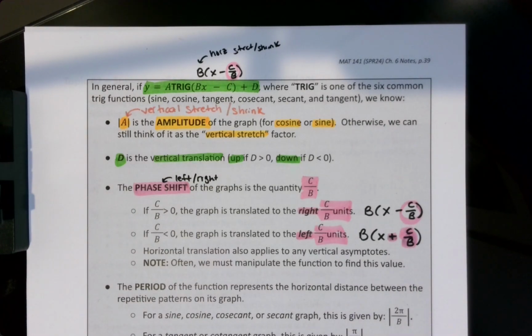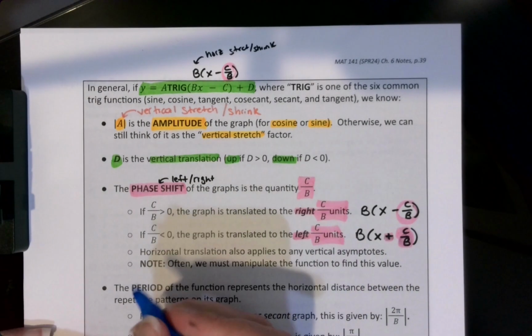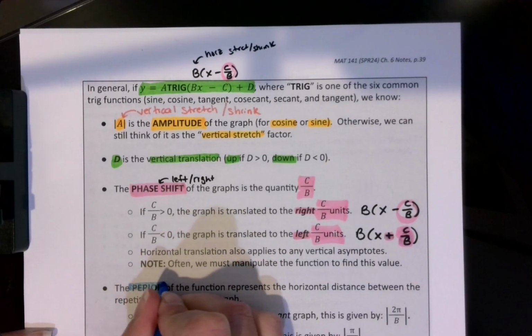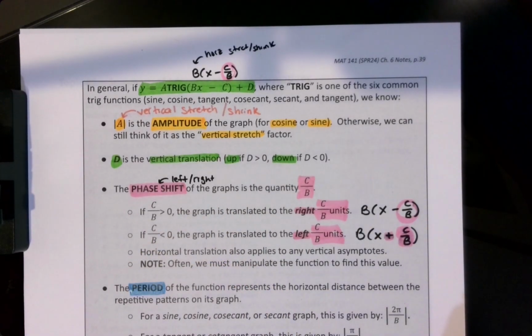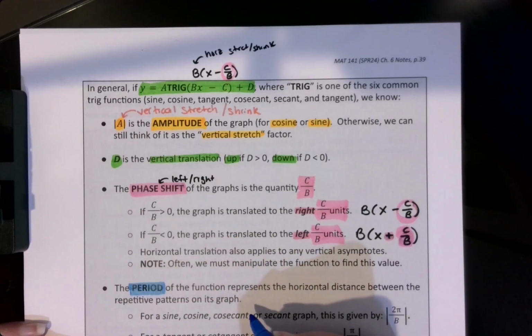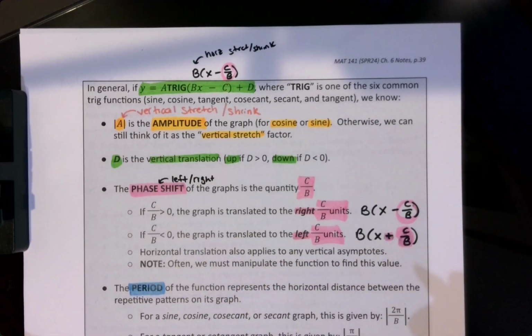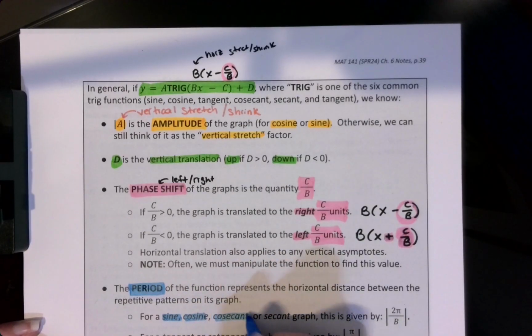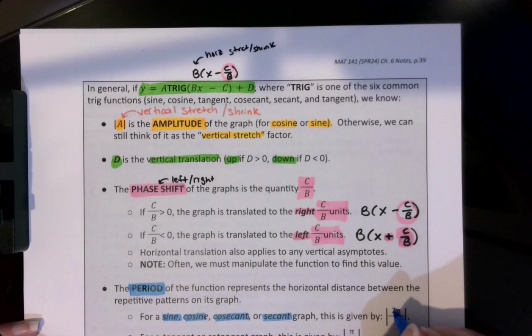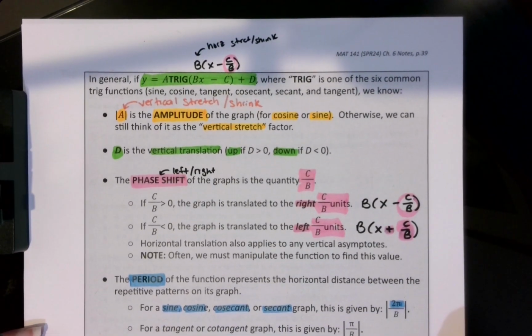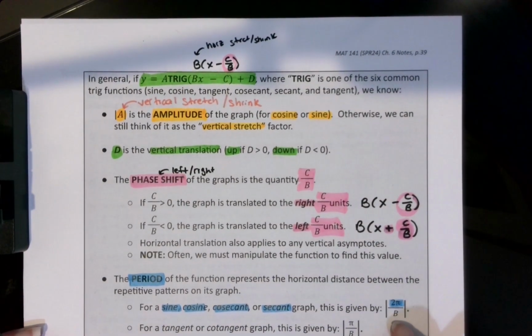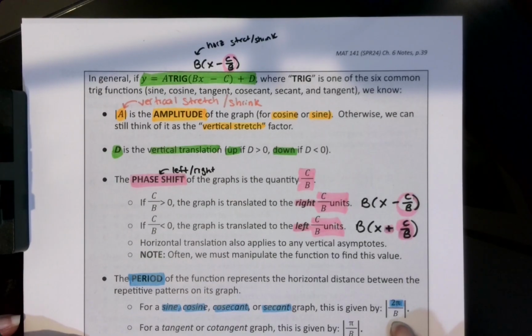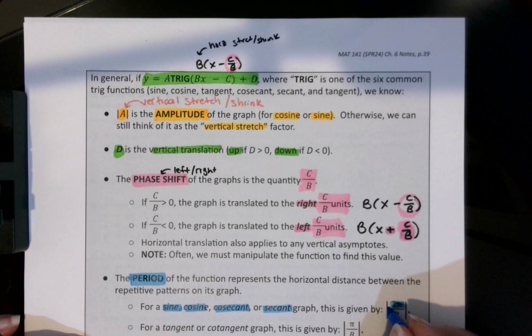Continuing, we're going to look at how the period of a function changes. The period is the distance between repetitive patterns. If you're looking at the sine, cosine, cosecant, or secant graph, the period of those functions would have been 2 pi in the parent function. But if you have a horizontal stretch or a shrink by that factor of b, you need to divide by b.